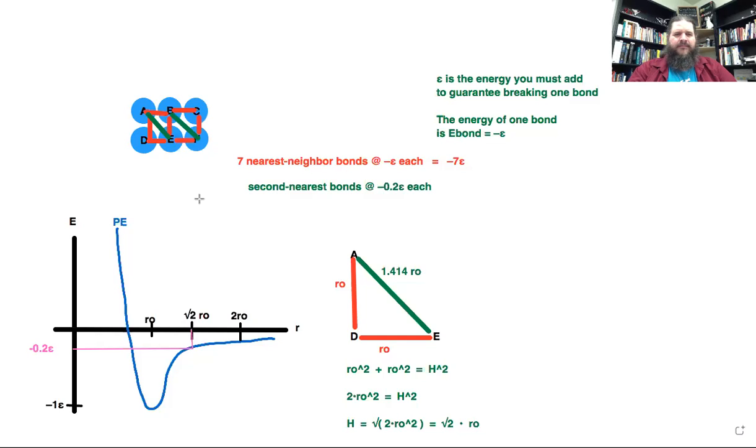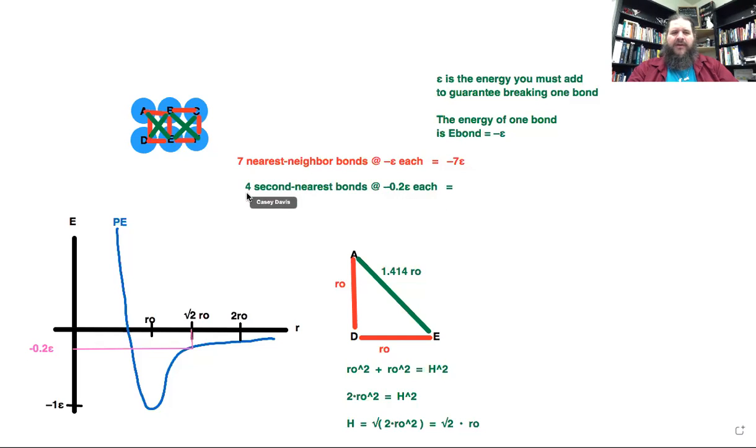Any others? C to E. And yeah, B to D. Looks like that's all of them. Those are all those immediate diagonal bonds. So it looks like there's 4 copies of that. 4 second nearest neighbor bonds at an energy of -0.2 epsilon each.